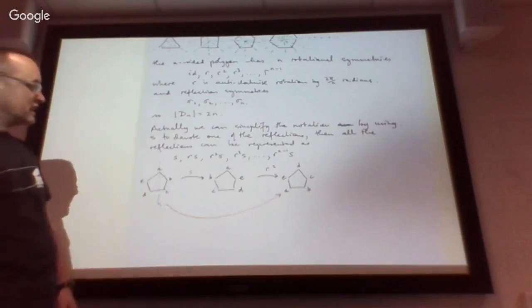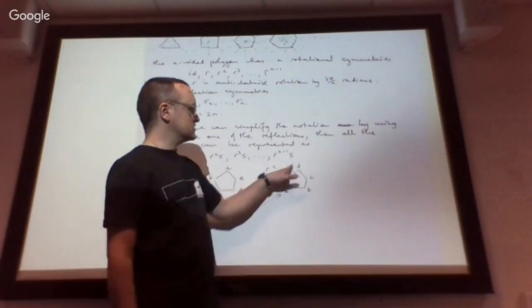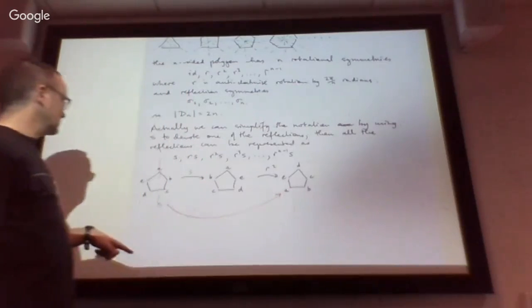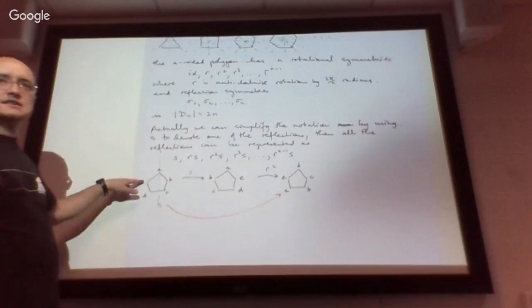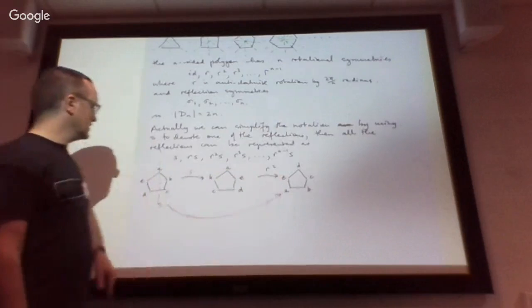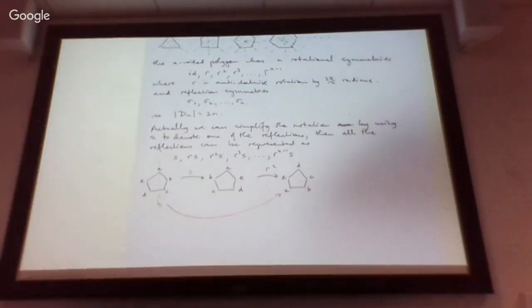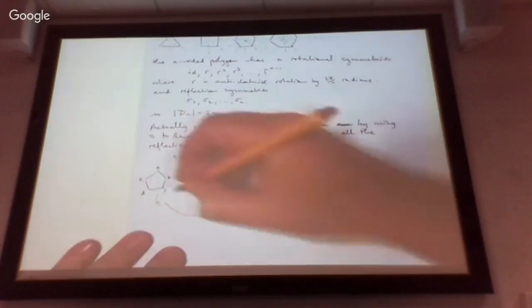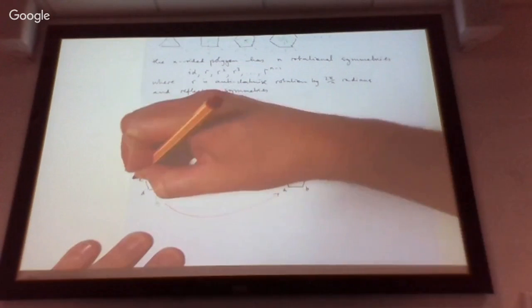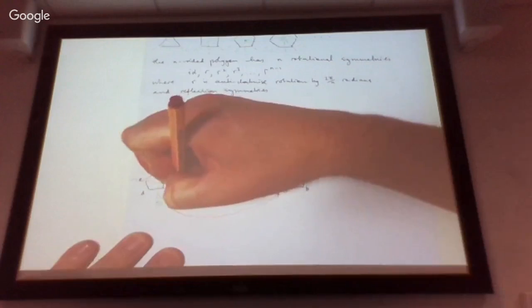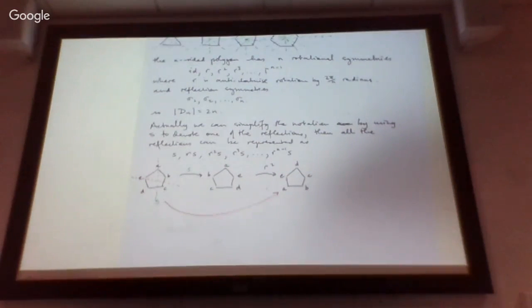You can detect what reflection it is by looking for which of the vertices has remained in the same position. E has remained in the same position, and A and D have swapped, and B and C have swapped. So really what we've done is we've just performed the reflection through that axis there.